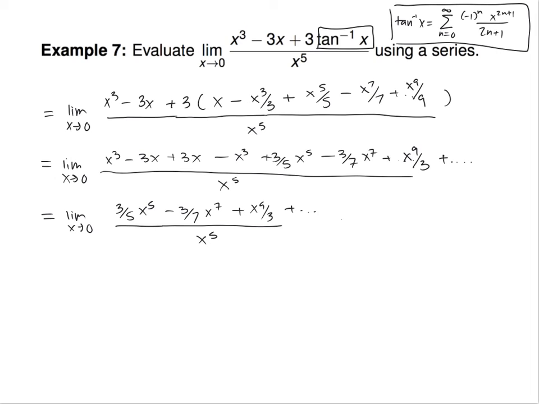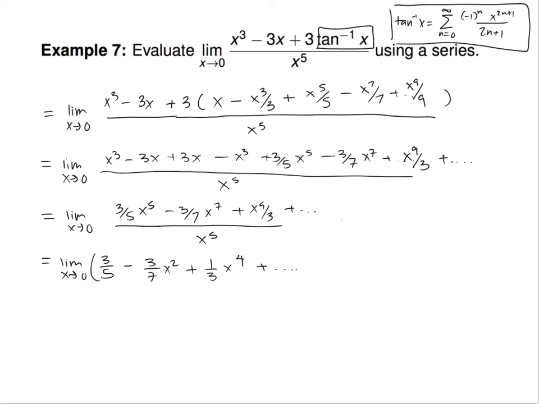Get a 1 on the bottom. Yeah, so what can you do with that x to the 5th now? Divide everybody by it, right? So what's 3/5 x to the 5th divided by x to the 5th? 3/5. How about the next term? Then next we'd get a third x to the 4th, right?